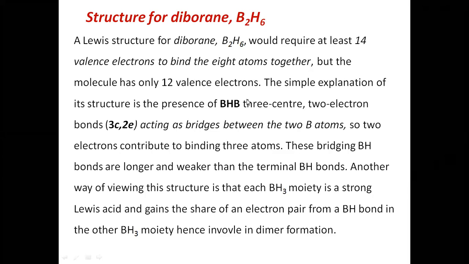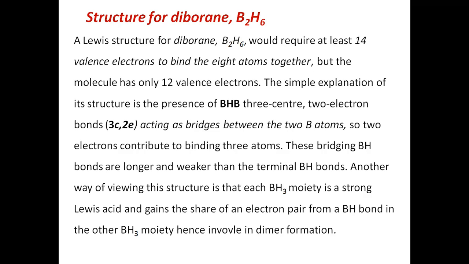So in B2H6, these 6 hydrogens would definitely be connected to boron by 6 bonds. Each hydrogen forms one sigma bond, and hydrogen can form only one bond.